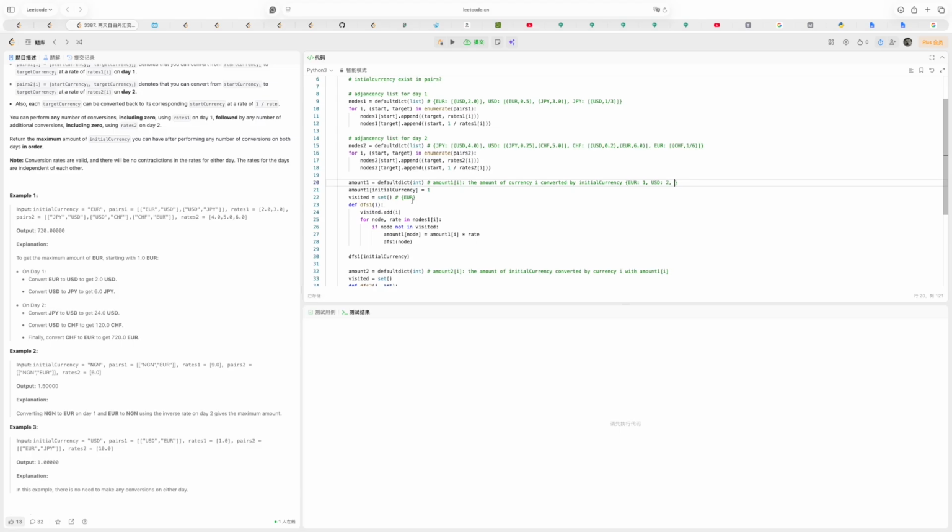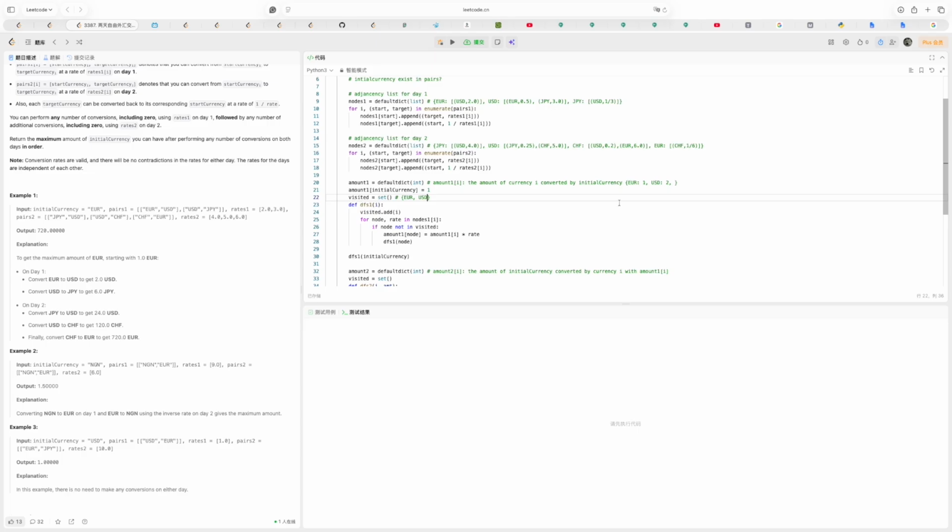So we will add USD to the visited set, and for USD there is euros. Euros we already visited, so we will not do it again, since we will have the same answer, that is 1.